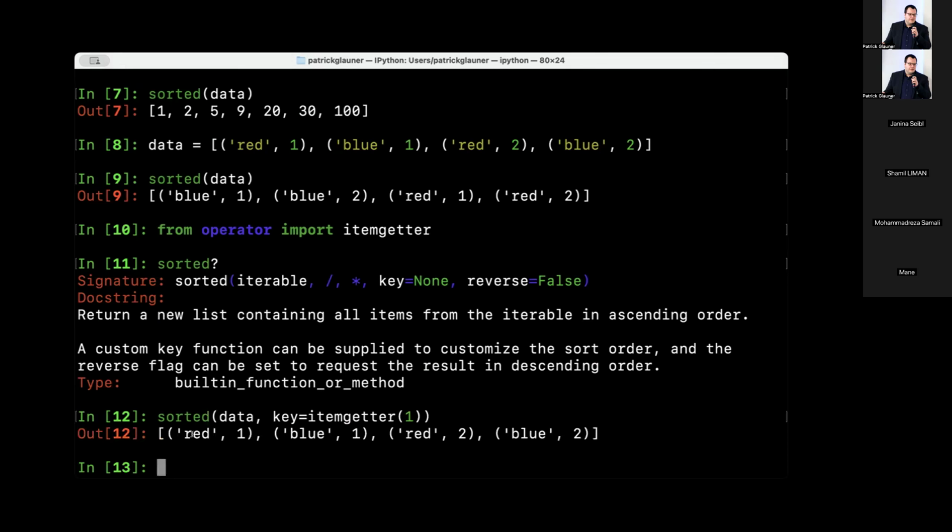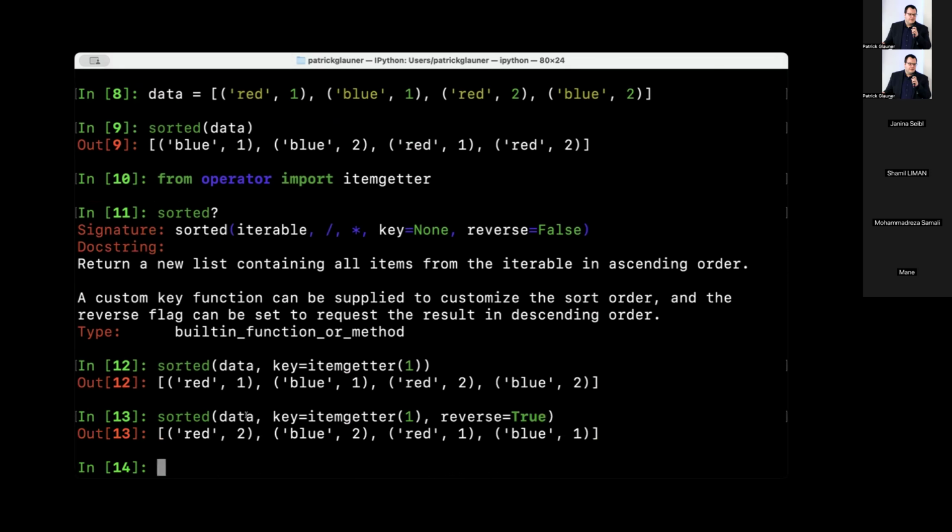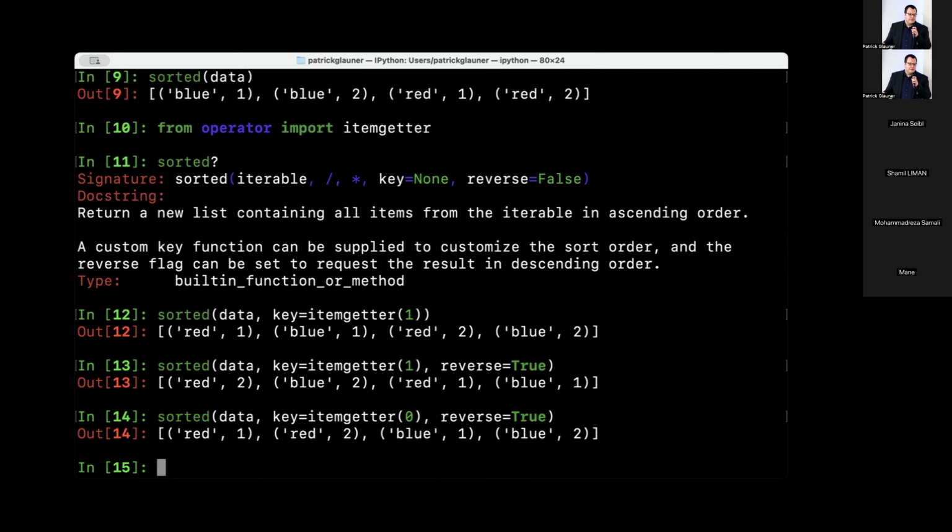So I want to sort this now based on the integer. And now I get this in an ascending way. So red and blue, so it's 1 and 2, 1 and 2. But I could also reverse this, and reversing means I'm sorting this in a descending way. And obviously I can put in a 0 in here, so I'm sorting this based on the string.